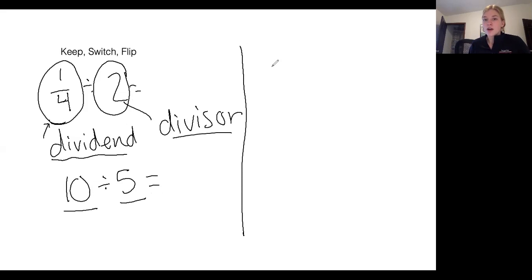I have one other piece of advice before we move forward. If I have the whole number 3, what fraction represents 3? If I had 3 as my numerator and 1 as my denominator, that is the same as my whole number 3.